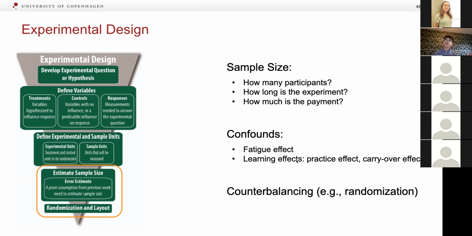Also, learning effects such as the practice effect or carryover effect may influence the experiment if participants perform the same task multiple times. Therefore, we need counterbalancing strategies to balance these effects out.